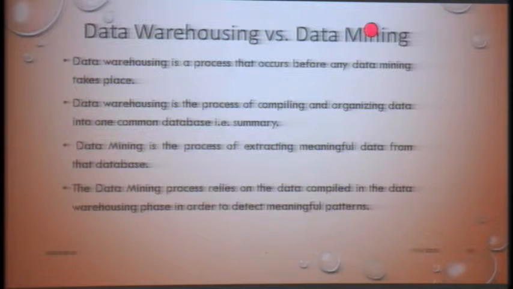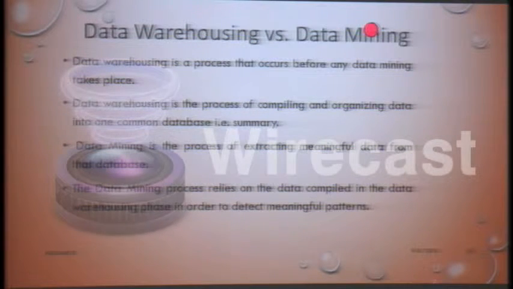Data mining is the process of extracting meaningful data from the database or data set. The difference between a data set and a database is that a database is always structured. Everything is in a proper format. We have a set of attributes, and under the set of attributes we keep the data. While in case of a data set, it is generally semi-structured or unstructured. It means there is no tagging, no attributes. Here and there, data is lying.